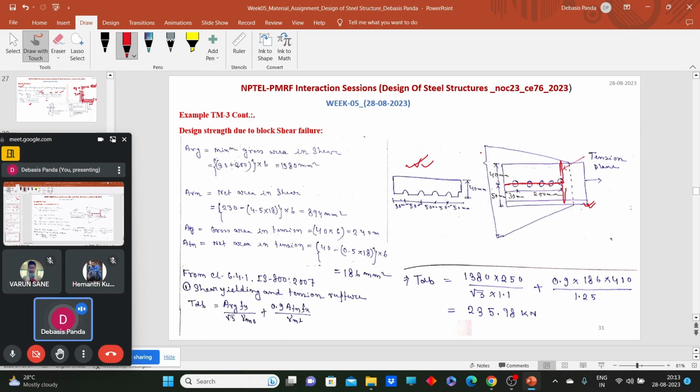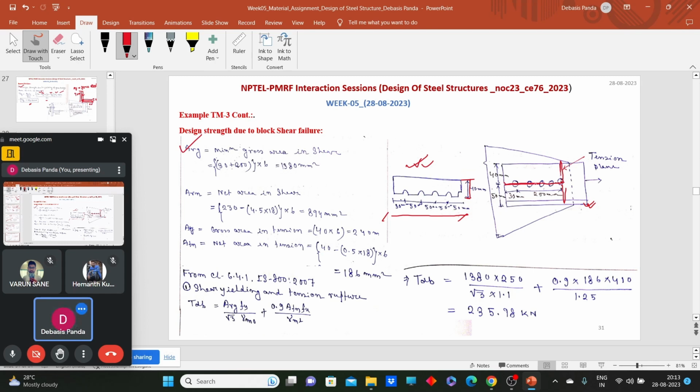So here what is the shear plane? This is the shear plane because this is parallel to your applied load. And what is your tension plane? Along this plane, this is the tension plane. So now you can calculate the Avg, the gross area along the shear plane. So what should be this length?